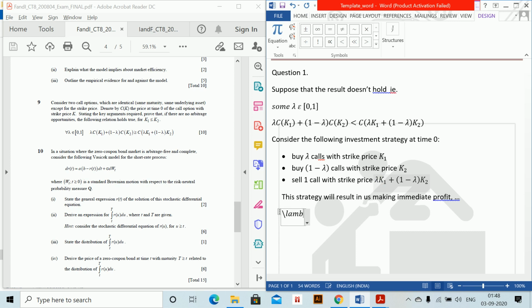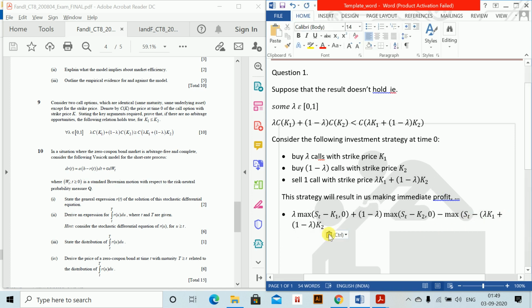The payoff is equal to lambda max of (S_T minus K1, 0) plus (1 minus lambda) max of (S_T minus K2, 0) minus max of (S_T minus (lambda K1 plus (1 minus lambda) K2), 0), which should be greater than or equal to 0.